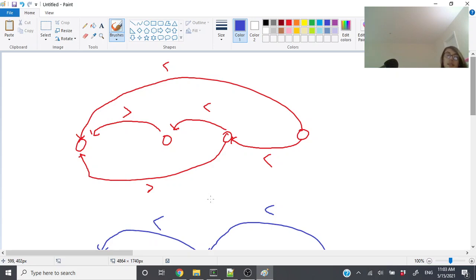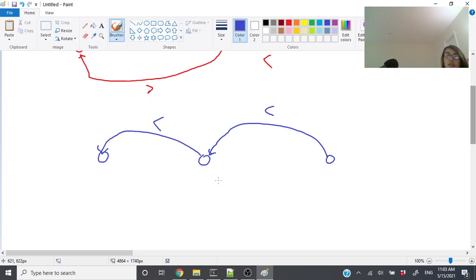If we have this, so basically it's a directed graph. And we're counting the, oh wait, no, this is not greater than. This is less than.